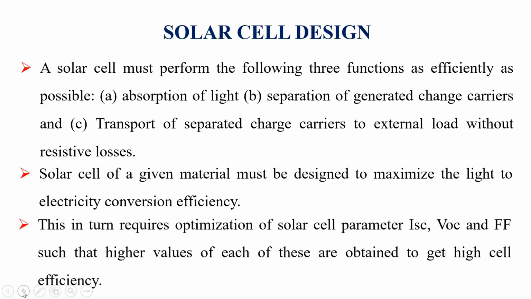This in turn requires optimization of solar cell parameters such as ISC, VOC, and fill factor, such that higher values of each of these are obtained to get high cell efficiency.